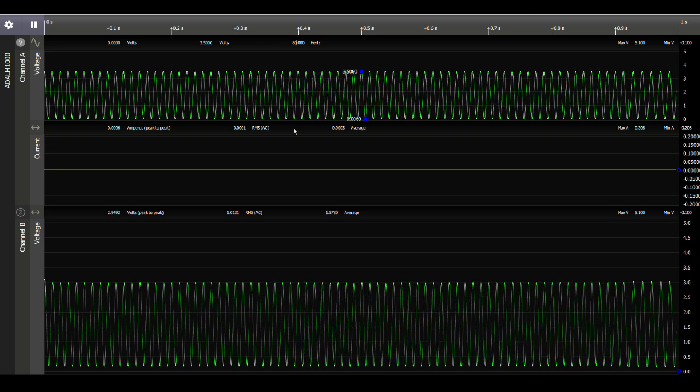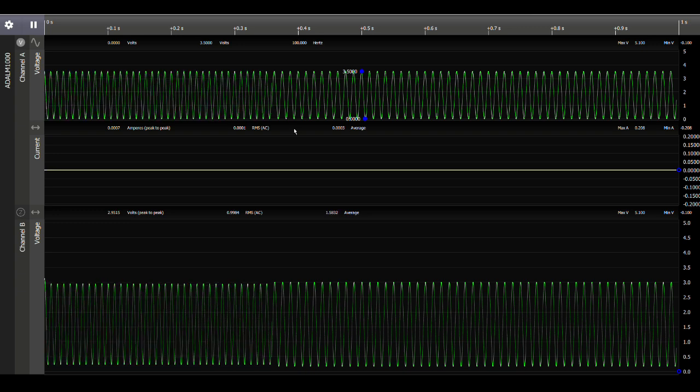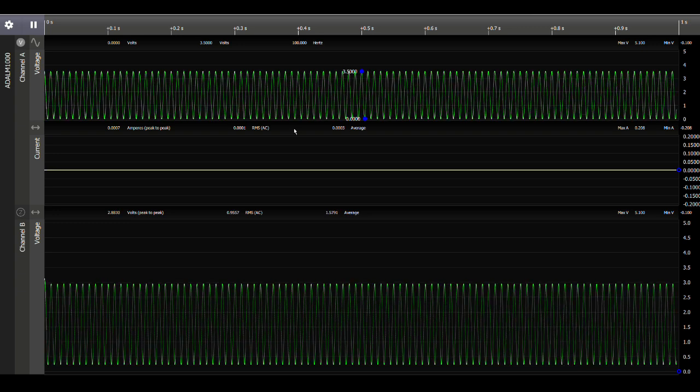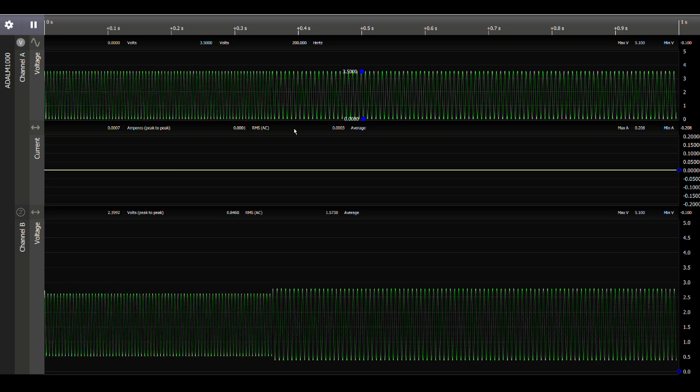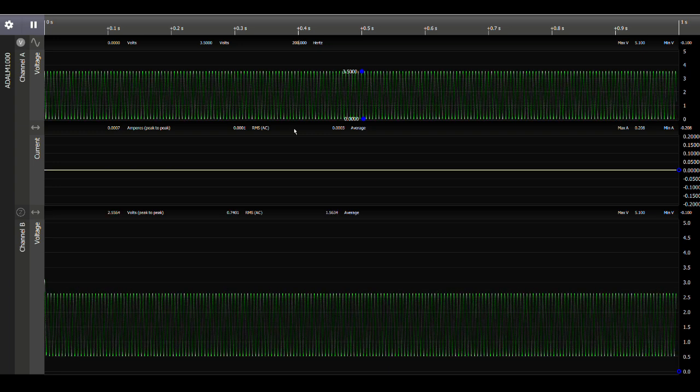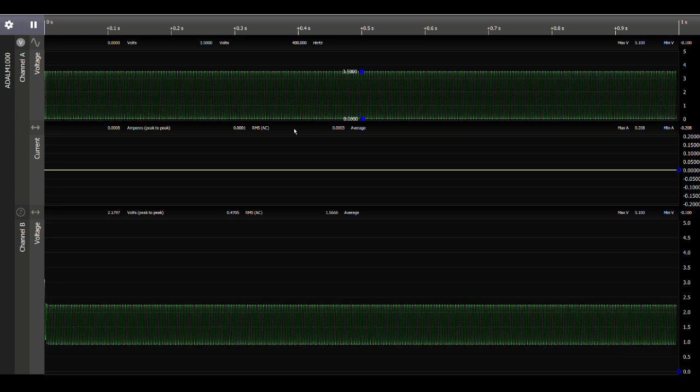Thereafter, as the frequency changes, there's a slight change in the output voltage. So I'm going to measure the frequency up to 1 kilohertz and measure the output voltage, and then conclude the graph for this given measurement.